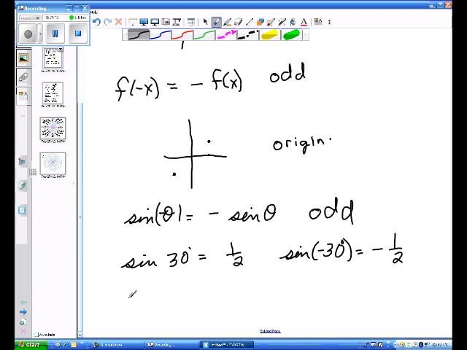If we know that the sine of 60 degrees is square root of 3 over 2, then we know that the sine of negative 60 degrees is equal to negative square root of 3 over 2. So we can find our functions, and if we know one, then we know the value for the opposite angle.